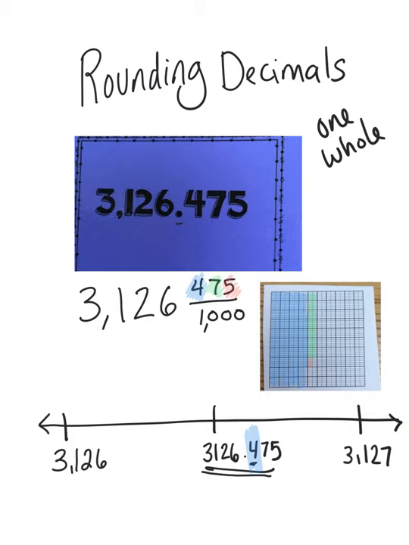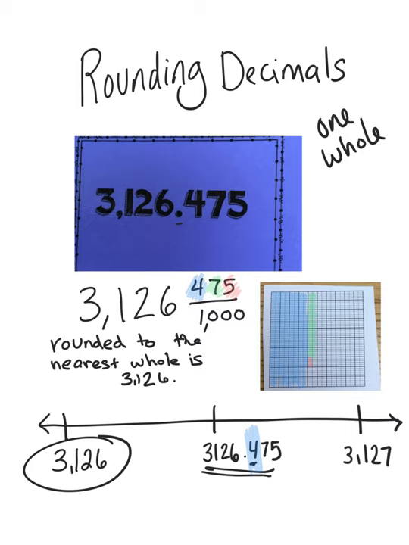Since this digit is less than 5, I'm going to round down. 3,126 and 475 thousandths rounded to the nearest whole is 3,126. Okay, so I wrote that in a sentence.